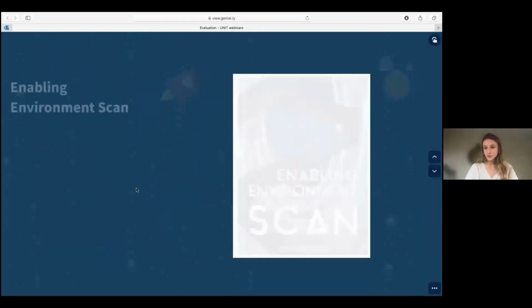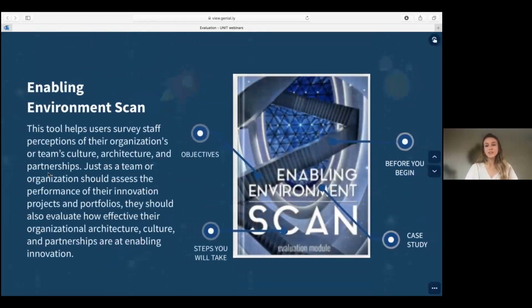And the last tool of this evaluation model is the enabling environment scan. This tool is critical in order to evaluate, to assess the staff perceptions regarding innovation in regards to culture, architecture, and partnerships.